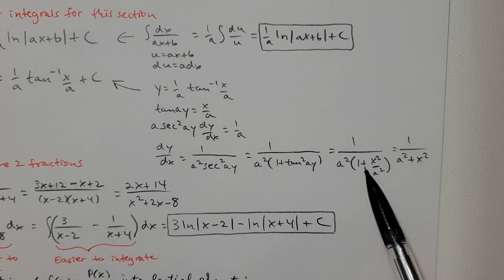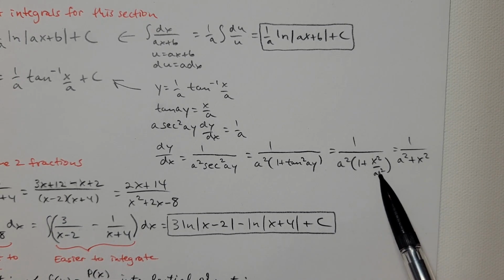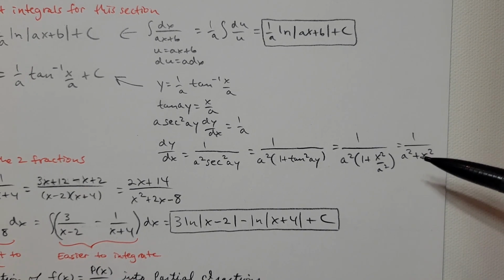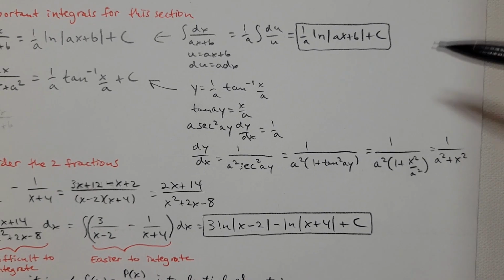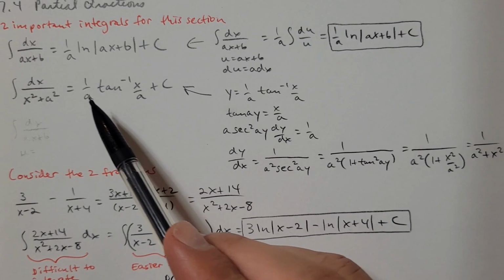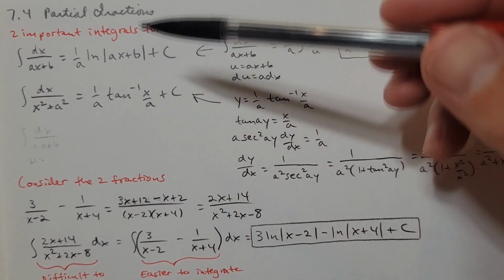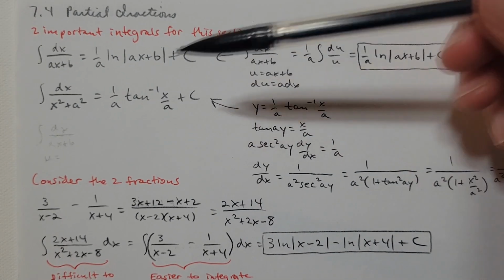And then if I distribute the a squared in those two terms, the a squareds will cancel on the second term. You get 1 divided by x squared plus a squared, okay? So basically, I showed you that the derivative of this guy is this guy. Okay, and again, these two integrals, definitely memorize these. You'll need these all over the place.